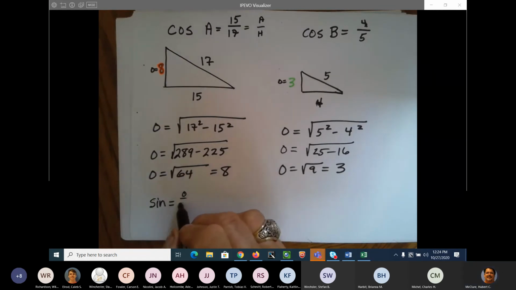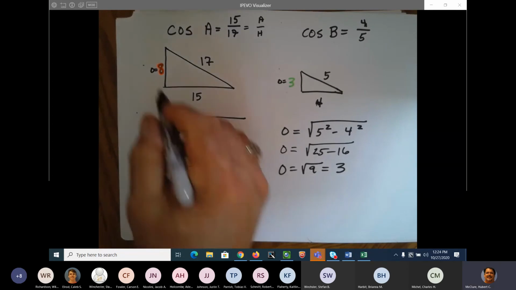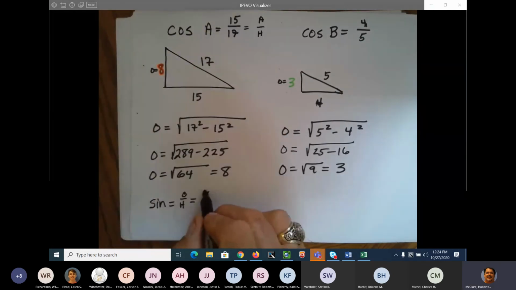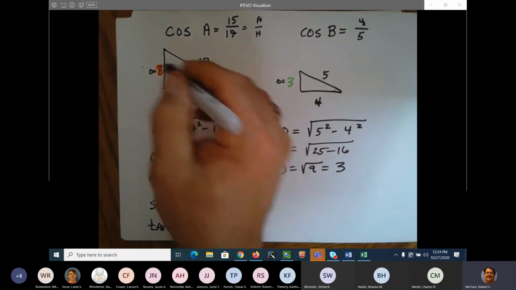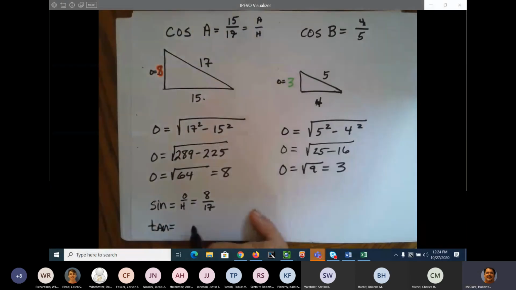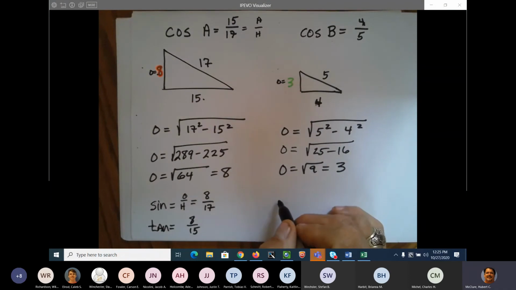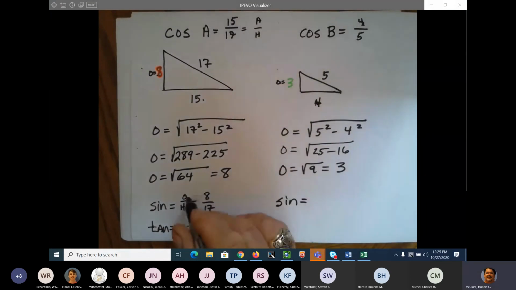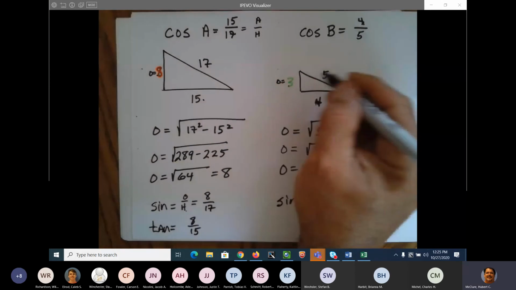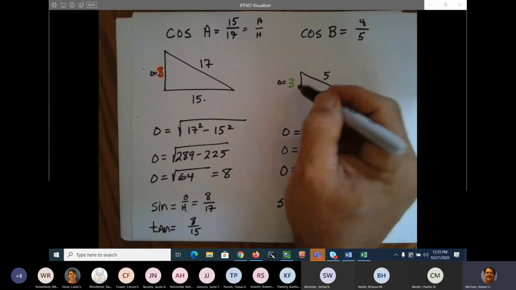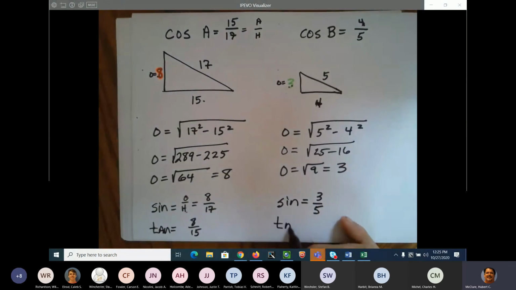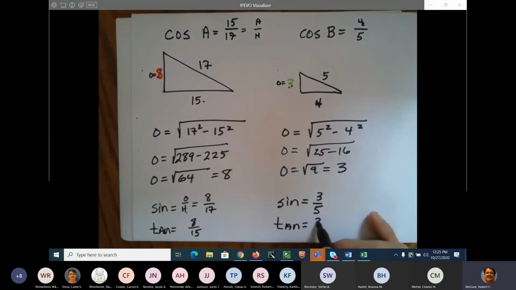Sine is 8/17. And the tan? 8/15. For B, sine is 3/5. And tan is equal to 3/4.